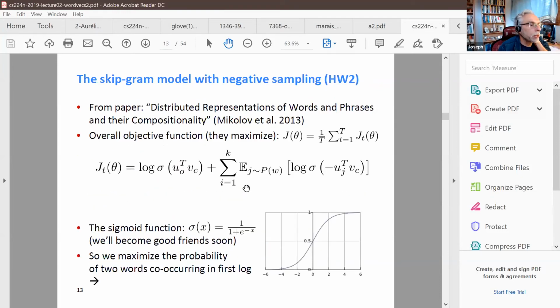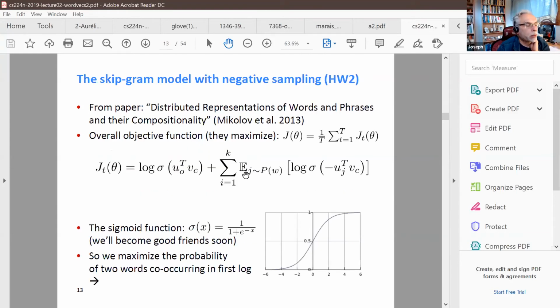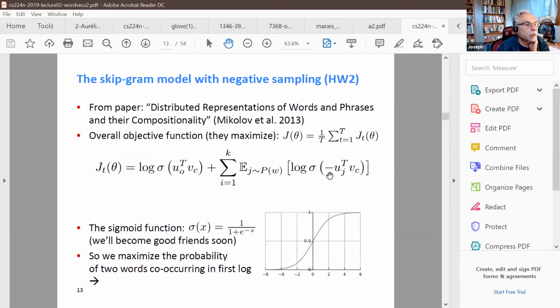Somehow they're transforming this: they're taking the sigmoid of the numerator. So this is the sigmoid function of the numerator, and the denominator is basically a normalization. And that's what's going on here. The normalization is the same as the expectation value of the log of the negative dot product.